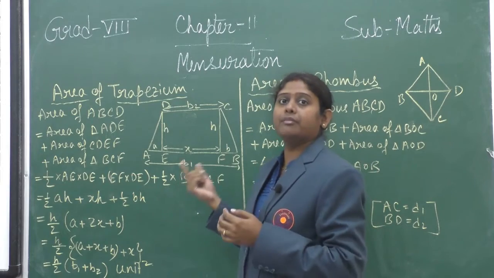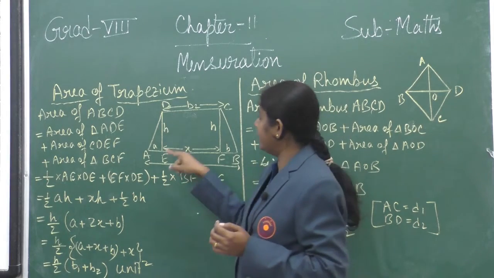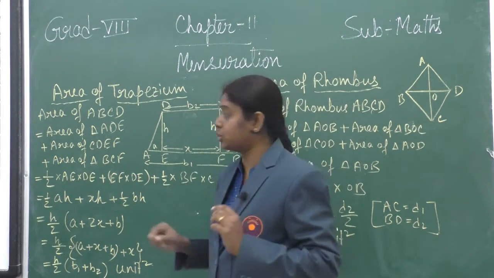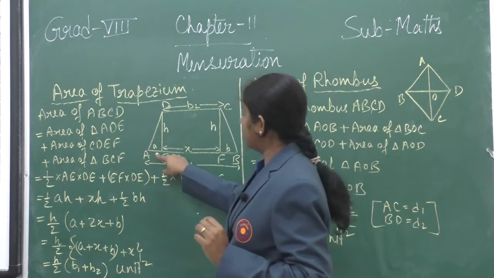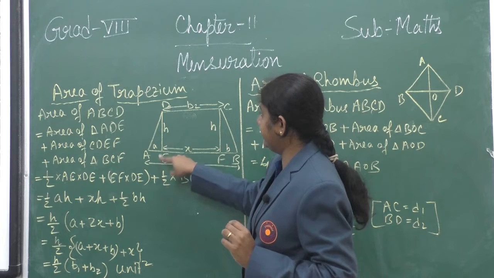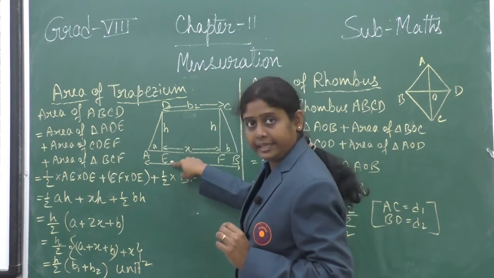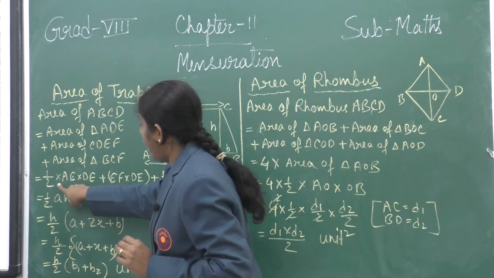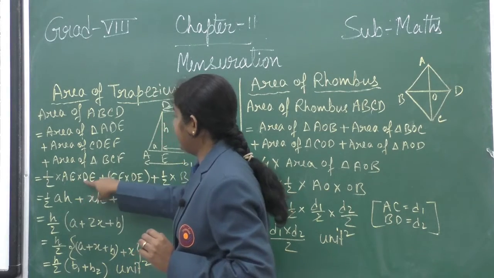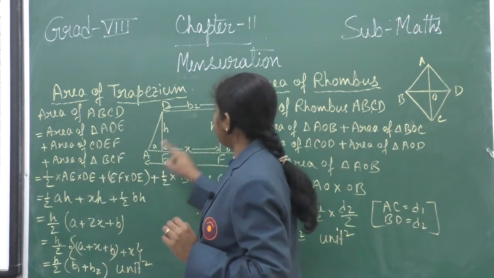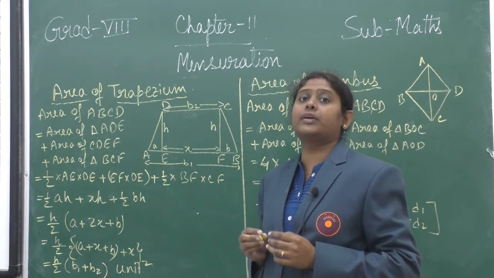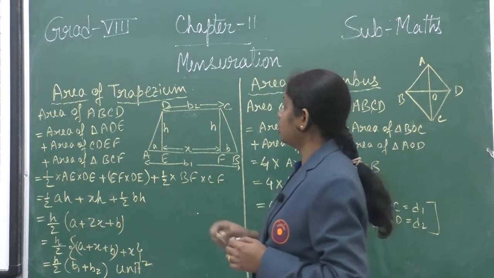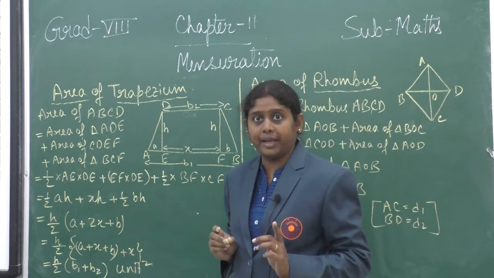Now, from our previous knowledge we know that the area of a triangle is equal to half of base into height. Here you can see the base is AE and the height is DE. So, the formula is half into AE into DE, and as we know from our previous knowledge, again the area of a rectangle is equal to length into breadth.